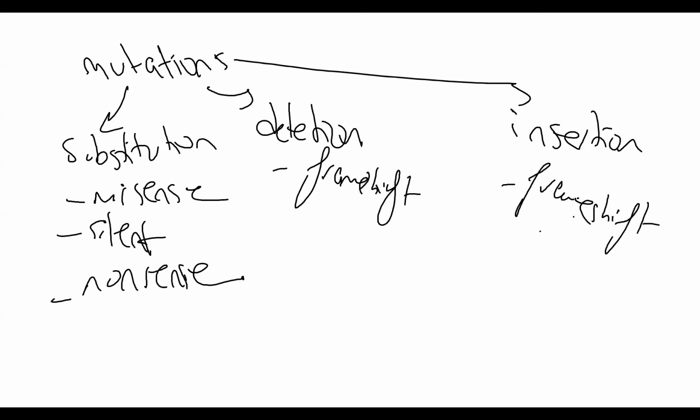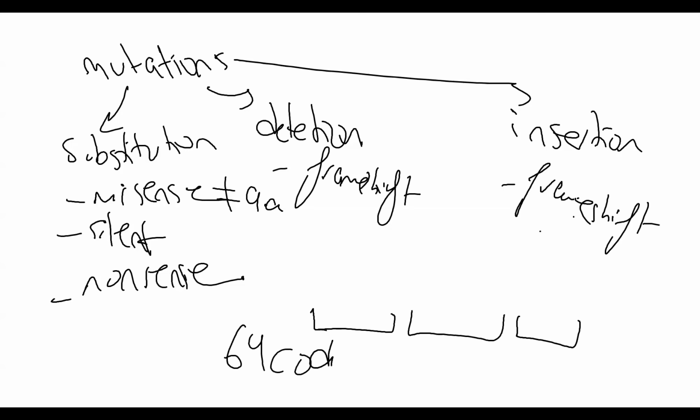Missense mutation means it changes the amino acid which is made, because we take the bases 3 by 3, ending up with 64 codons. Each 3 makes a different amino acid.